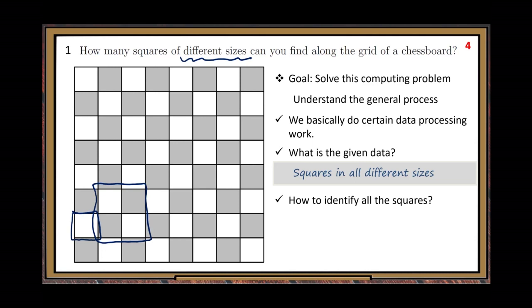First we need to identify 2 horizontal lines. One horizontal line here, another horizontal line here, for example. Then to get a square, we also need 2 vertical lines along the grid lines.